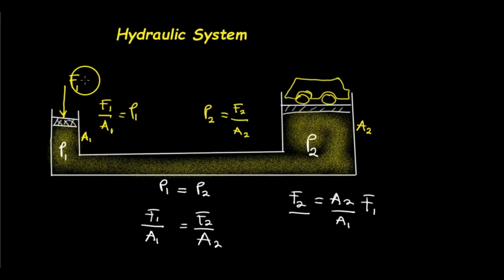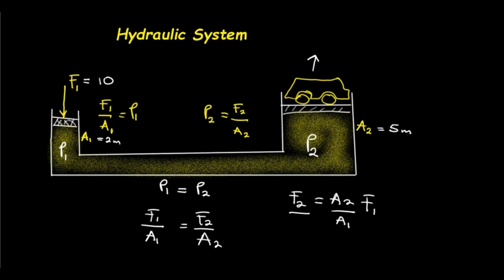So let's say I am applying a force of 10 newtons and the area here is, let's say, 2 meters. If this small area is 2 meters, let's assume this side is 5 meters. If I apply this force, what will be the output force that lifts this car?